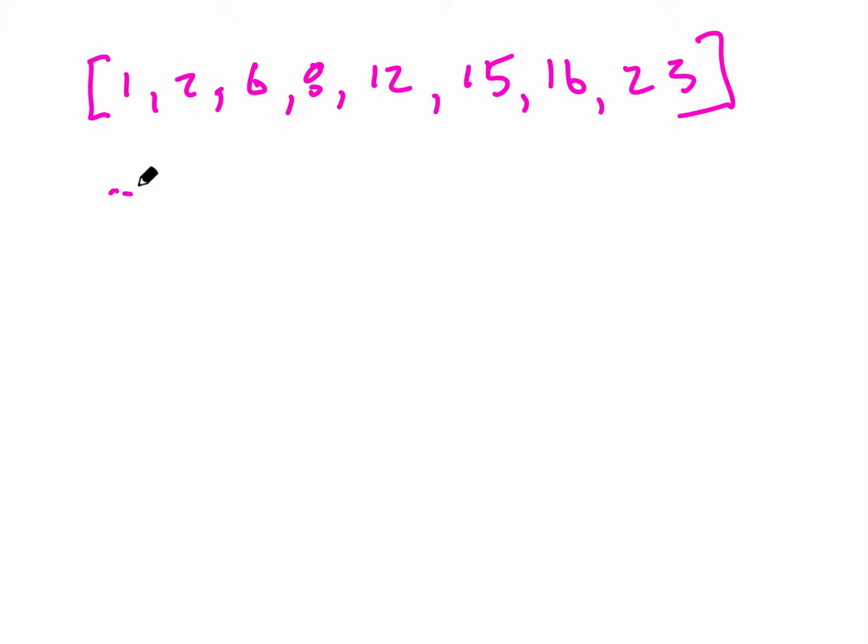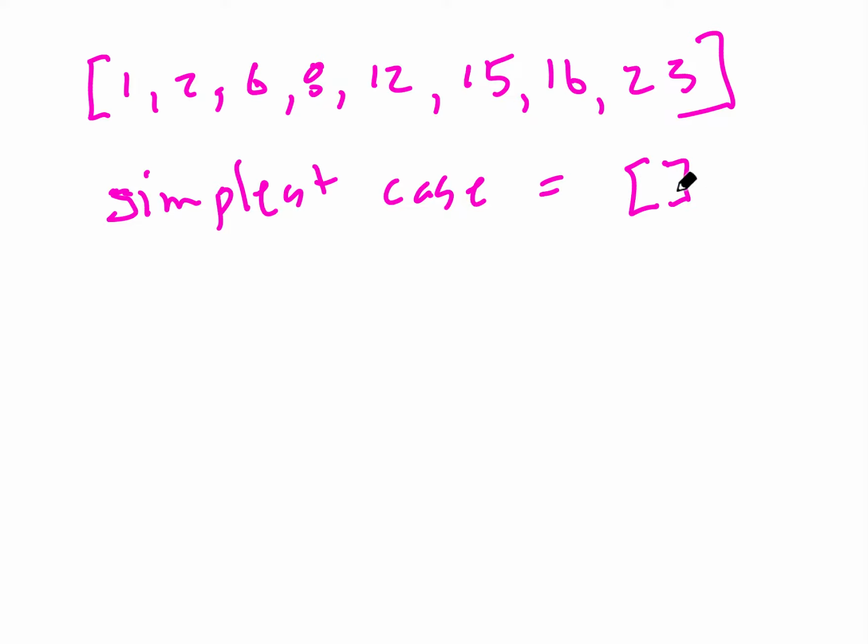Well, the simplest case equals the empty list, because we know immediately that means we're going to return false, because we can't find the member in the list since there are no members in the list. And then we're going to break it down to the non-simplest case.